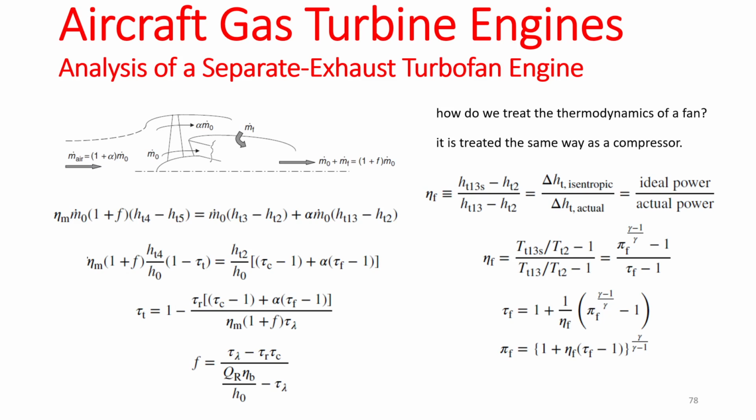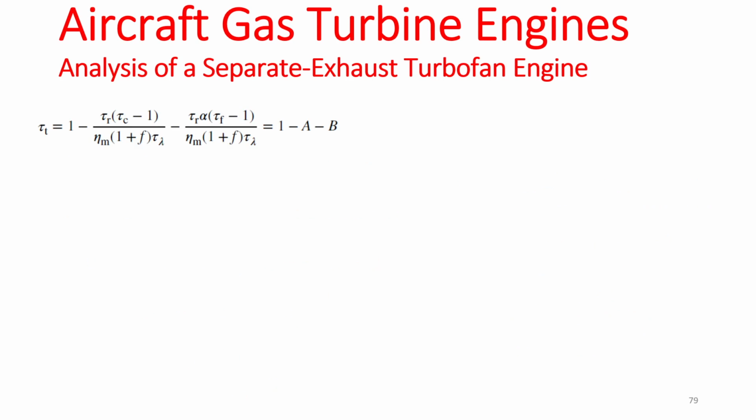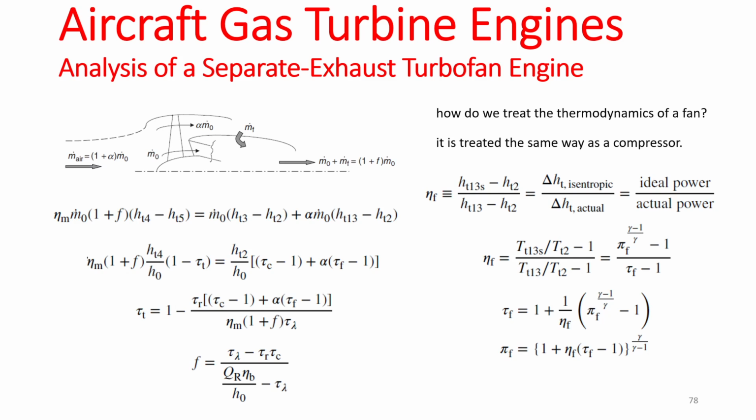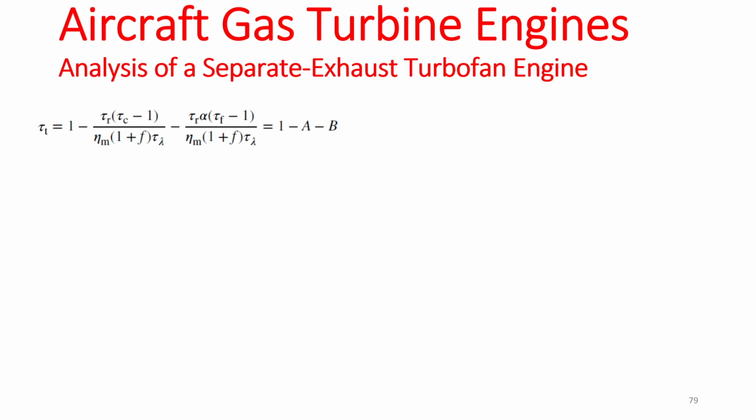So if you have that F, if you have the temperature ratio HT2 or H0, the compressor temperature ratio, fan temperature ratio, and bypass ratio, you should be able to get the tau of T. Okay. So let's take a look at this equation again. It's the same equation, right? We have just tried to separate the two parts of it.